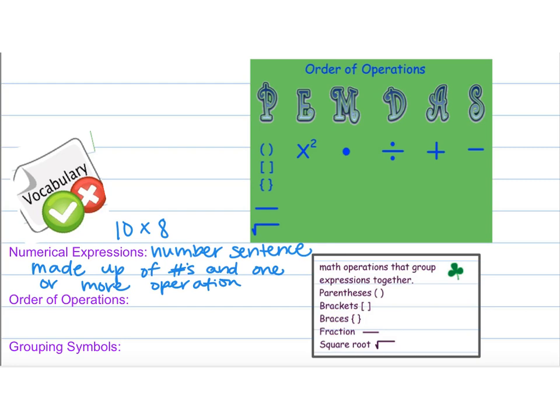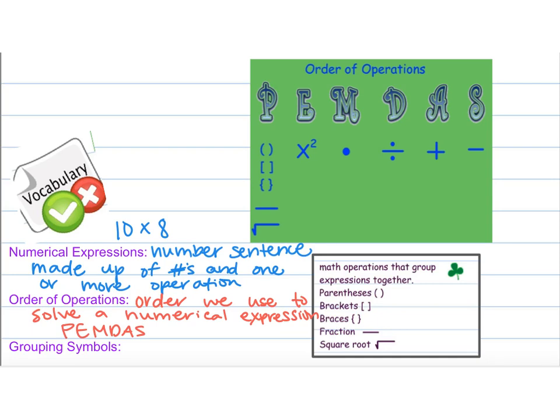Order of operations. This is the order we use to solve a numerical expression. And that's what we think of as PEMDAS. Okay. Grouping symbols.